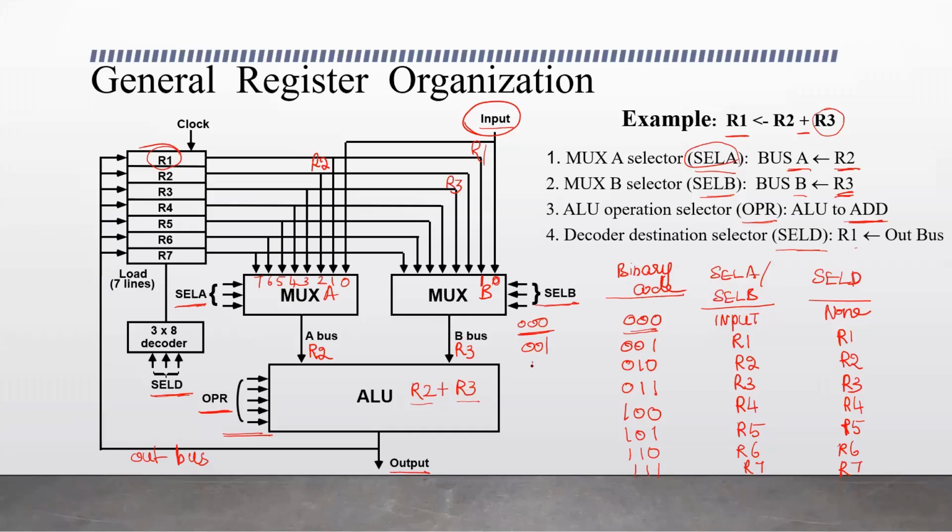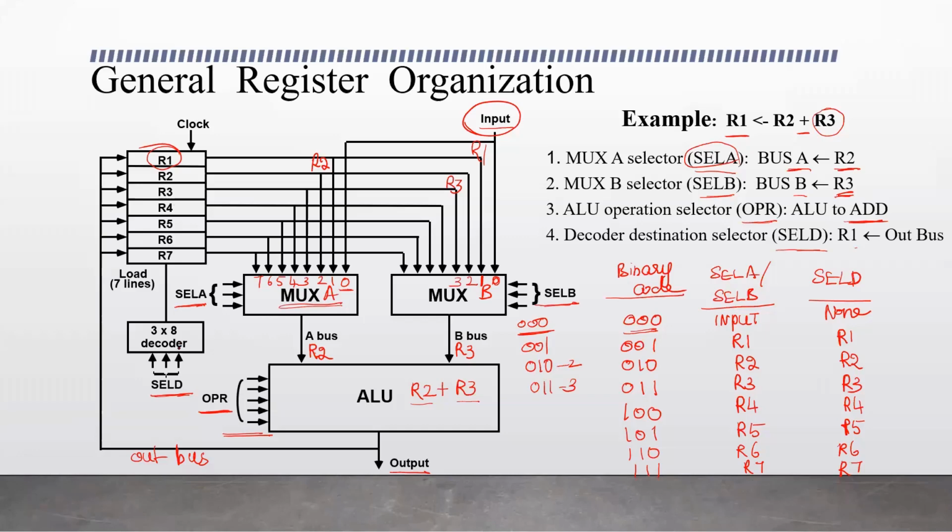And when it is 010, it means 2, so the second input to the multiplexer is selected, that is register R2. And when it is 011, it is 3, R3. The third input gets selected, that is register R3. Same way for multiplexer A, when it is 000, it is input 0, that is the external input.